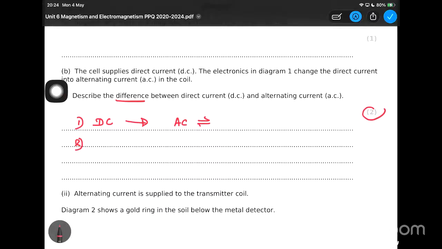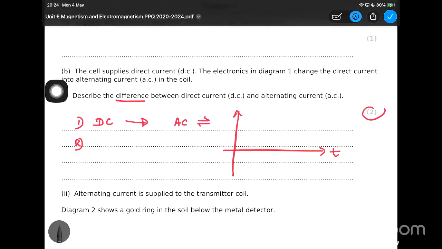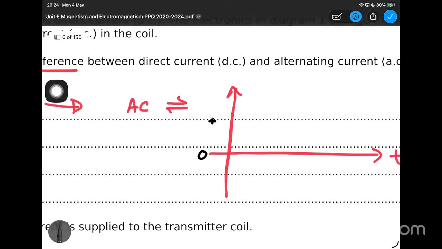And another one, if we draw a graph here, right? So this is the time and this is the current. If it is just direct current, I'll use some values as well, right? So if you take this one to be 0, and let's take this to be +1, and here it is -1, like this, right?